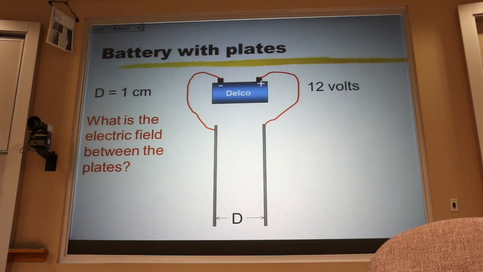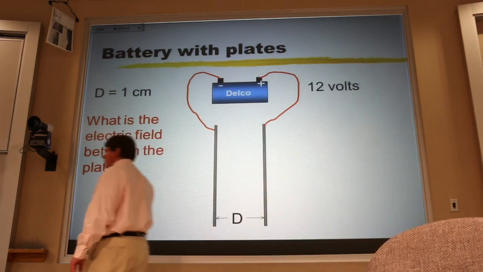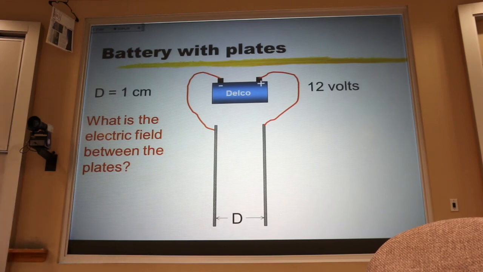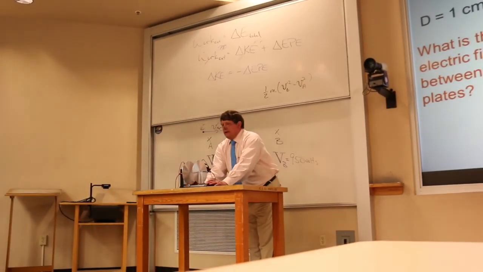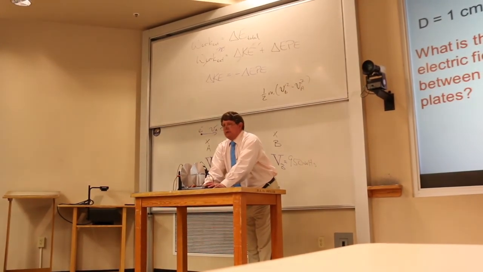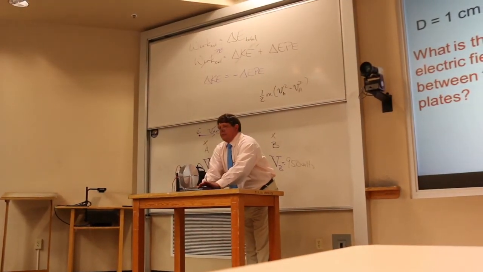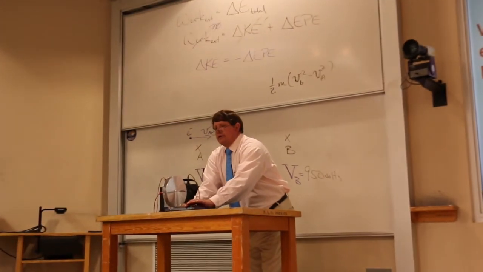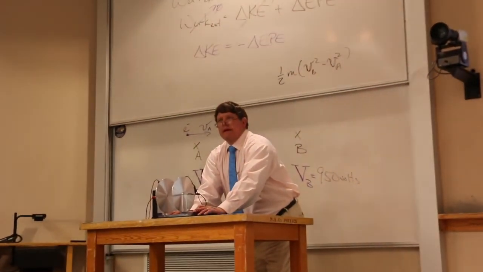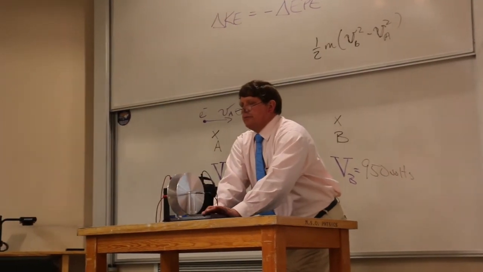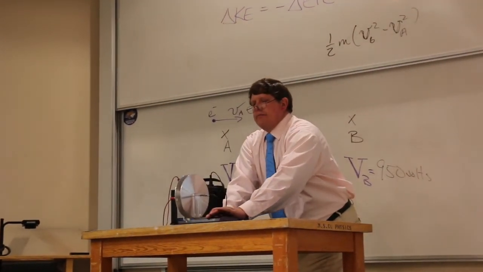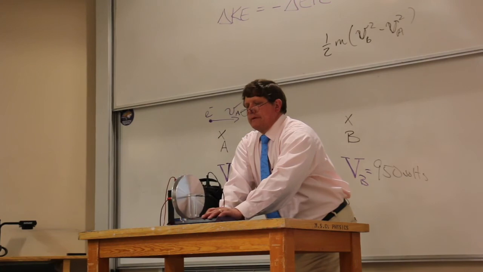Now, I have this battery, and the battery is 12 volts, and it's connected to capacitor plates, just parallel metal plates, that I can put close together or pull far apart. And the question is, how am I affecting the electric field between the plates as I change that distance?